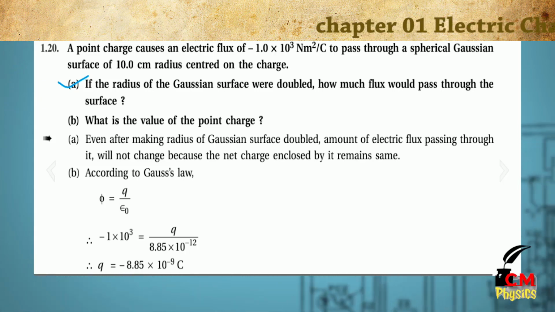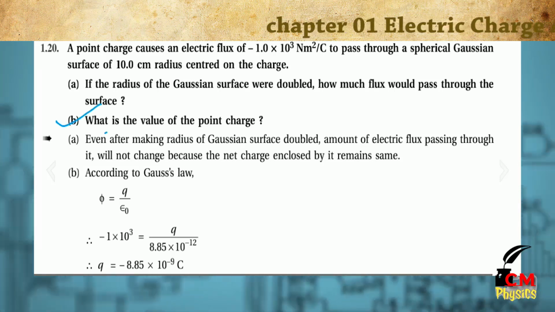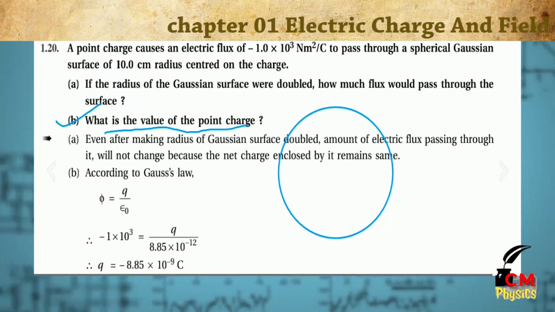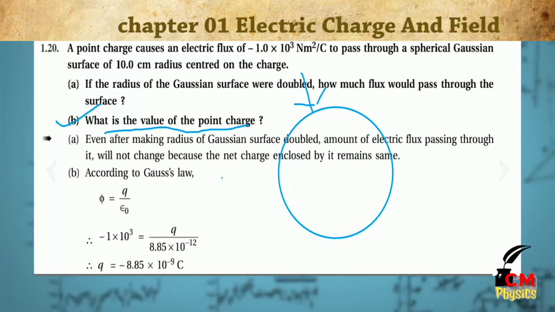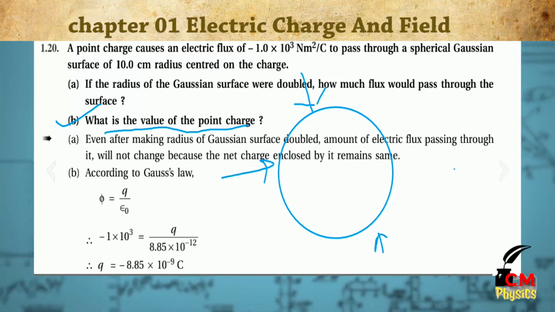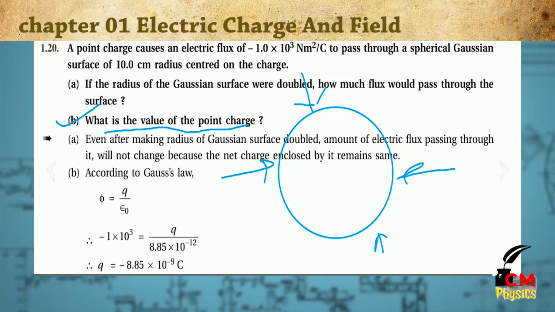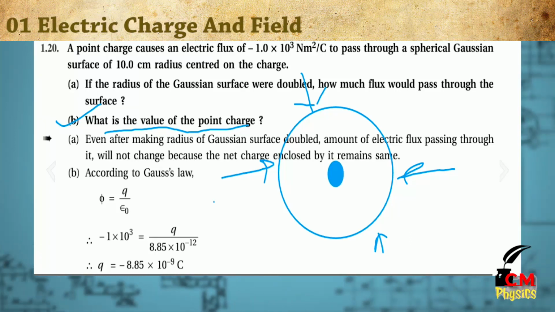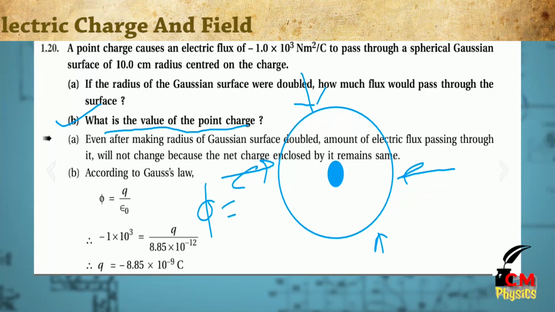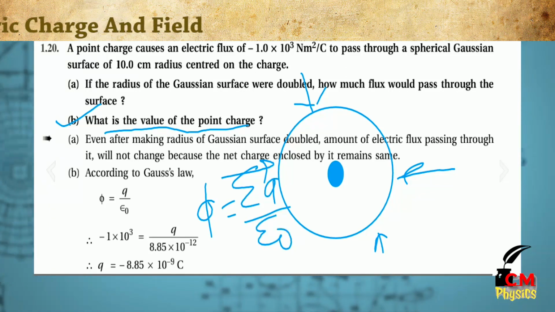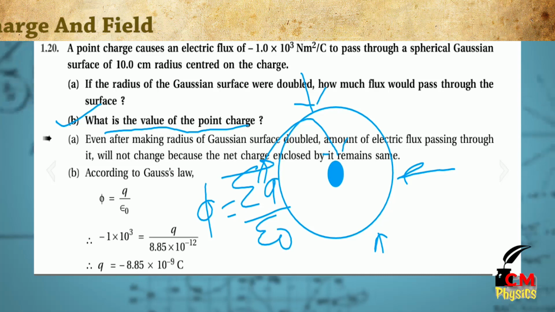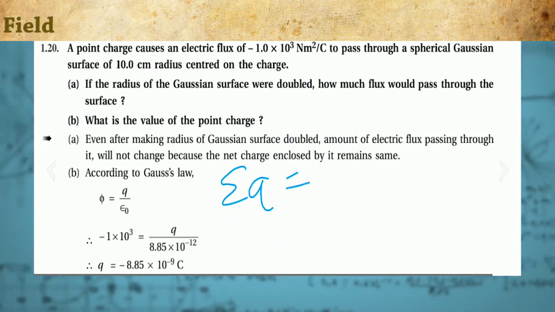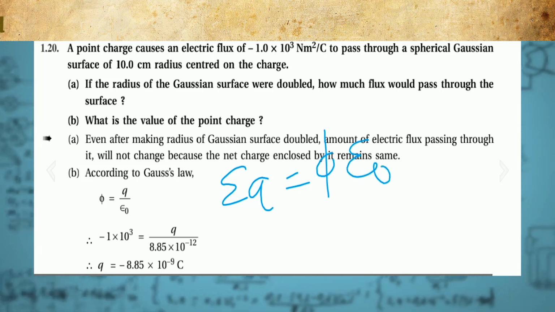Then the second part of the question: what is the value of the point charge? The Gaussian surface flux is inward, and we want to find the charge at the center. The flux phi is equal to sigma q by epsilon 0. We want to calculate the charge, so sigma q is equal to phi into epsilon 0.